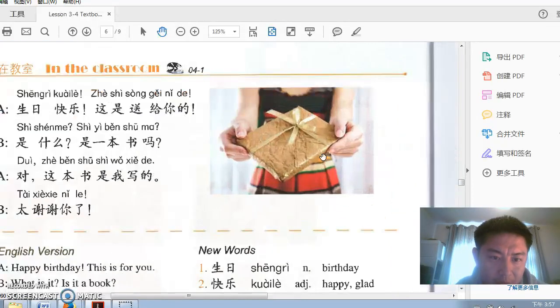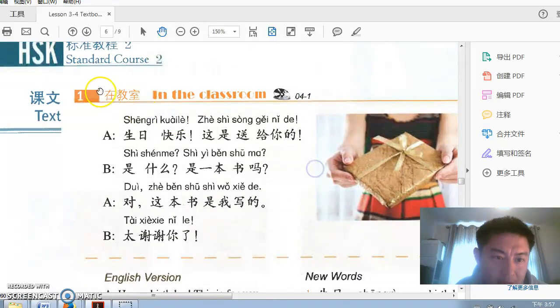Text number 1 is 在教室, in the classroom. A starts the conversation with 生日快乐, happy birthday. 生日 is birthday, 快乐 is happy. Birthday happy, happy birthday. And for the happy birthday song in Chinese, we have to add 2 characters before that. Say 祝你.